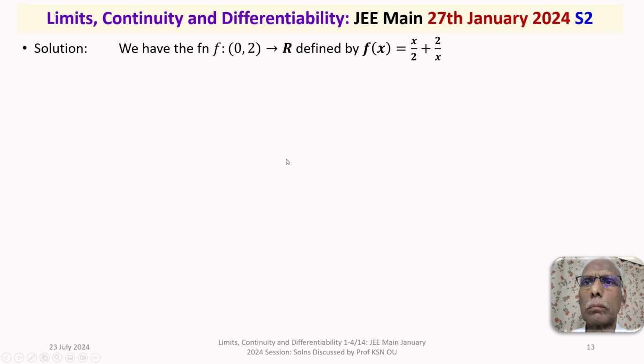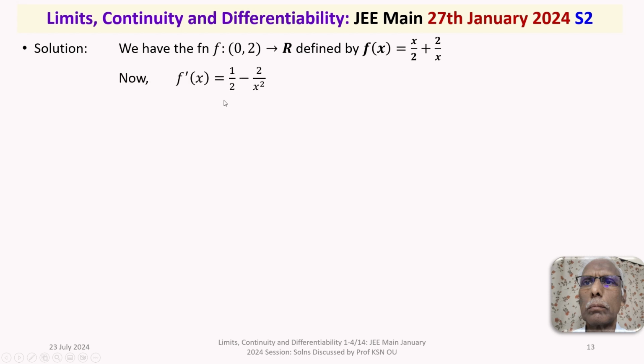The minimum of f of t can be found if you know the nature of this function, that is the increasing and decreasing nature of the function. If you know, then the minimum can be found out very easily. So to find the increasing and decreasing nature, we take the first derivative. So we apply the first derivative test.